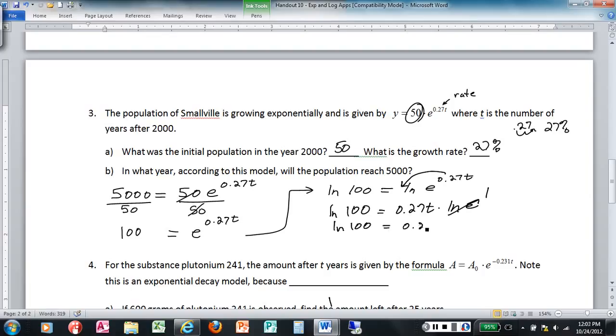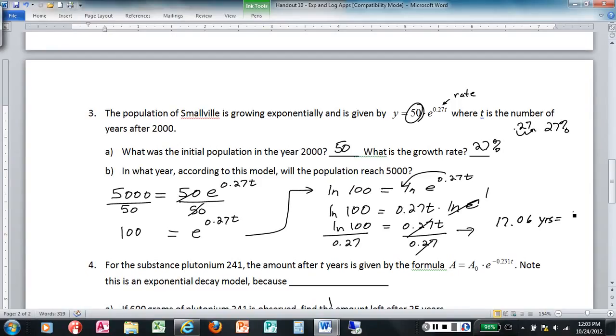equals 0.27t. So if I divide off the 0.27, that'll get me what t is. ln of 100 divided by 0.27 is 17.06.